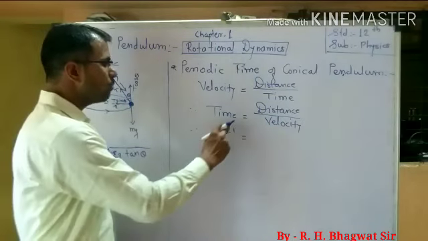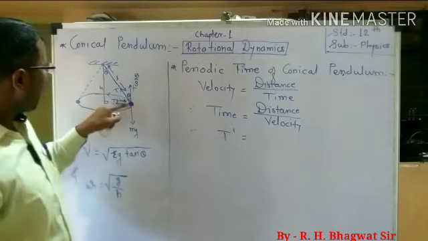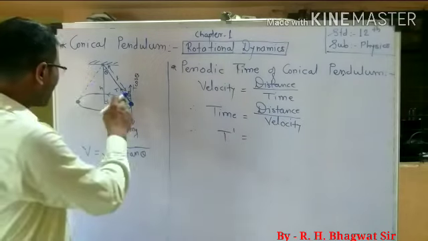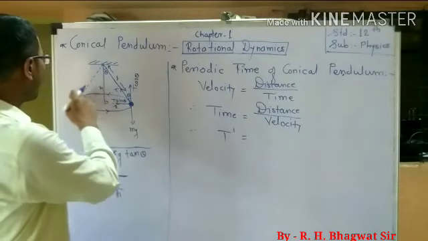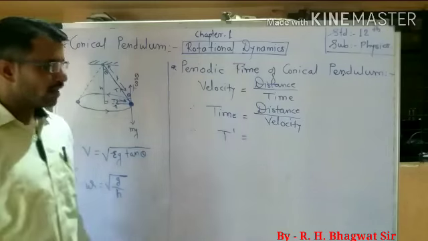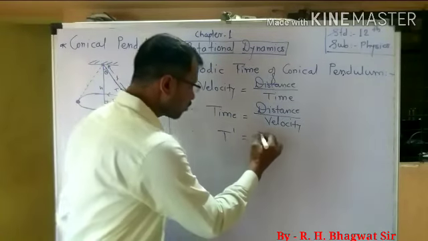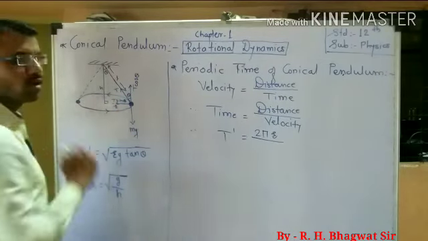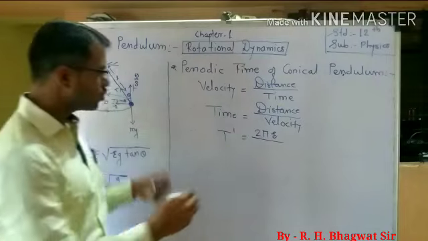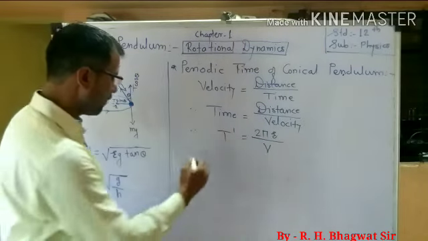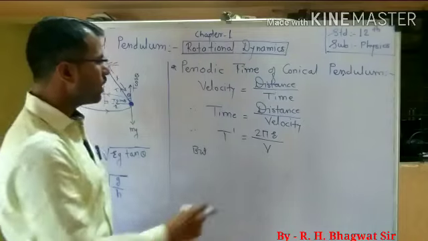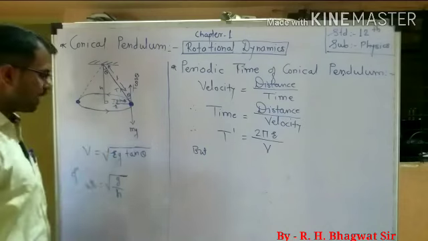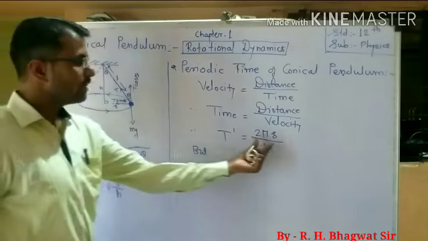Therefore, periodic time T prime is equal to, when the bob completes one revolution, the distance covered is the circumference of this circle having radius small r, that is 2 pi r, divided by the linear velocity v of this bob performing circular motion. We know that the linear velocity is given by the equation v is equal to under root rg tan theta. We can put this value in this equation.